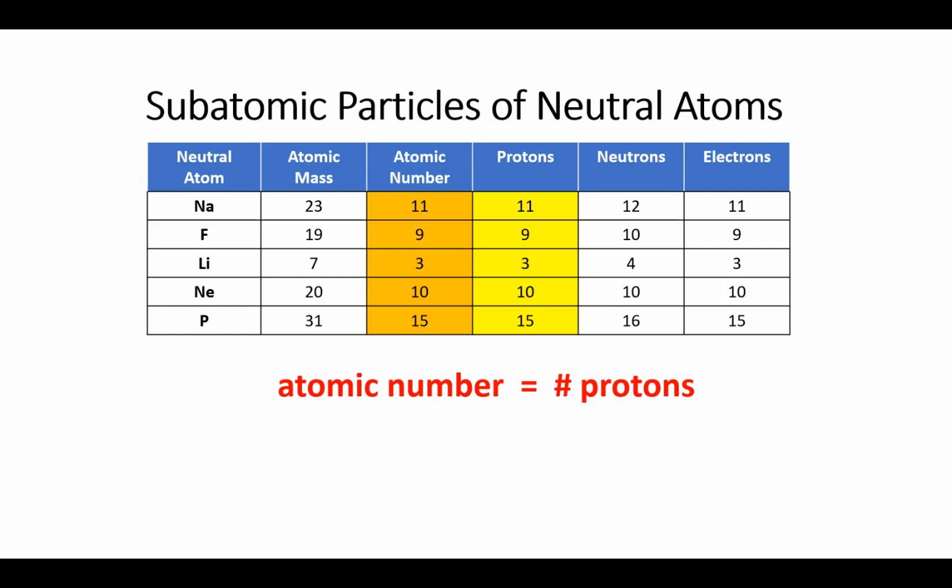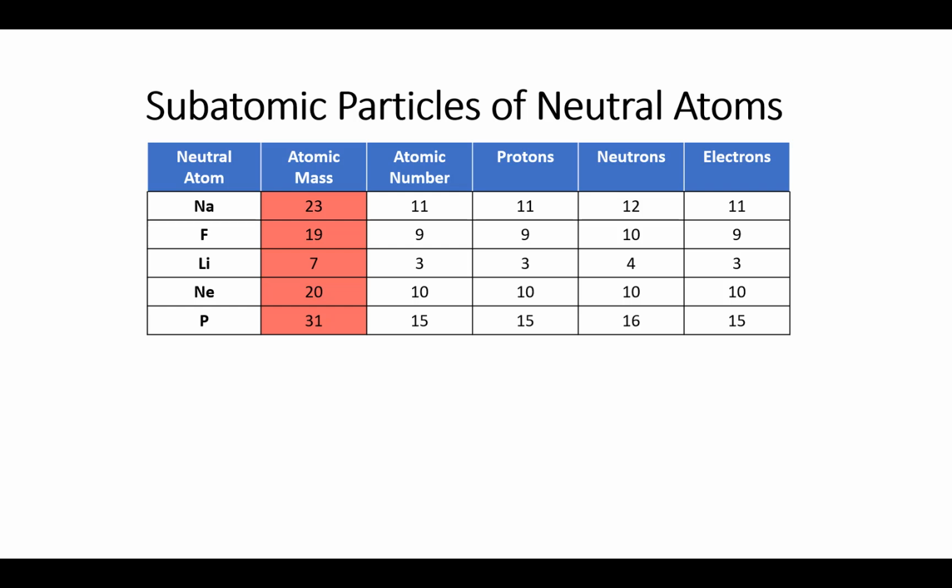In other words, an atom of Na, sodium, will always have 11 protons. An atom of fluorine will always have 9 protons. What we're going to learn in the upcoming slides is that neutrons and electrons might change, but the number of protons will always stay constant for a given element.